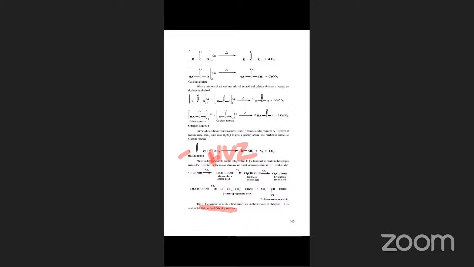So simple. The HVZ reaction: monocarboxylic acids can be halogenated. In bromination, the halogen enters at the alpha position. In the case of chlorination, substitution may occur at the beta position also.